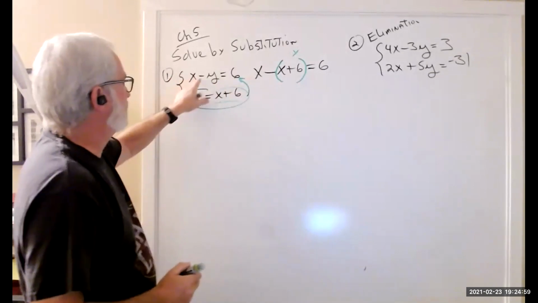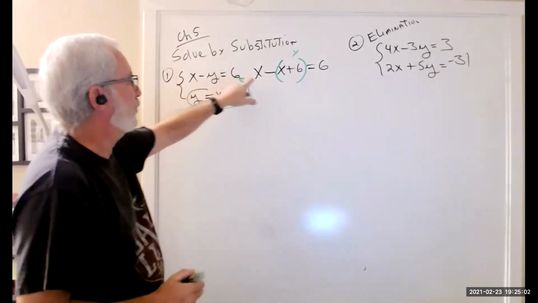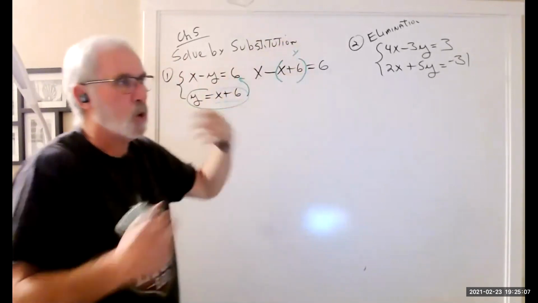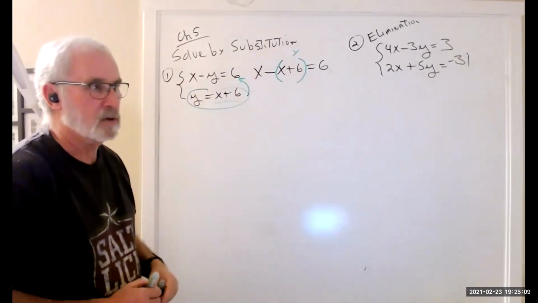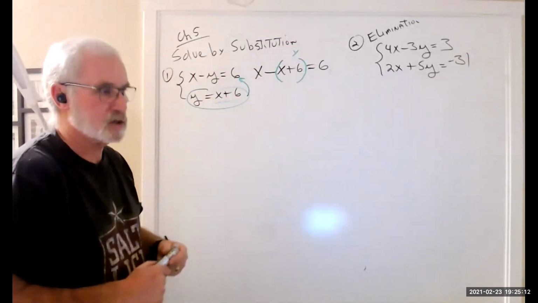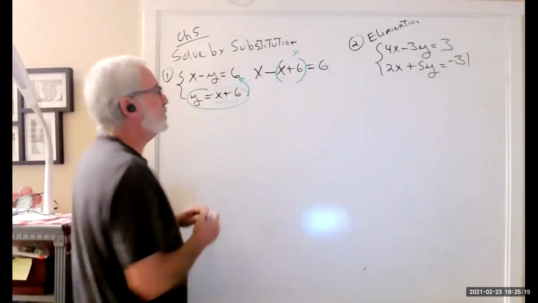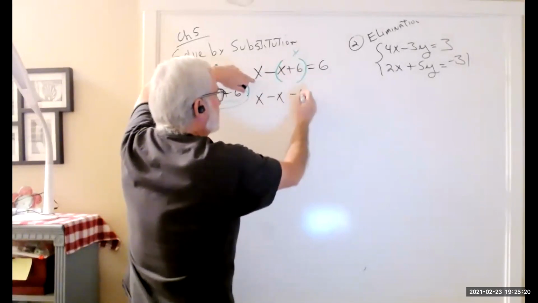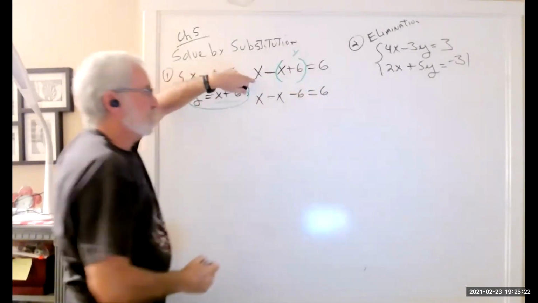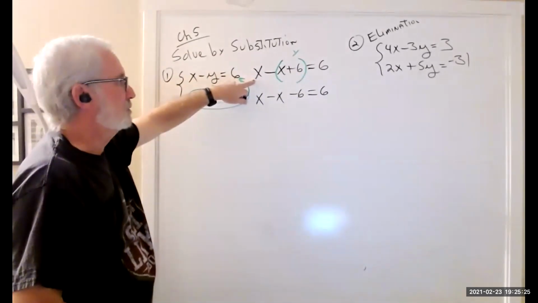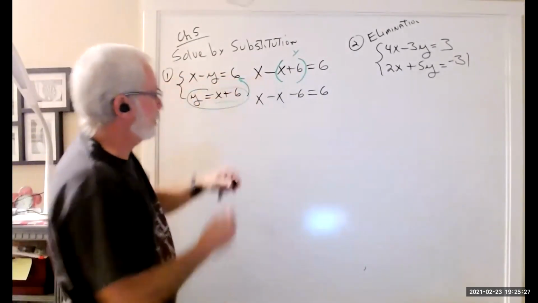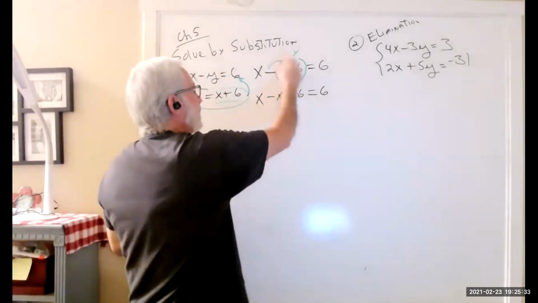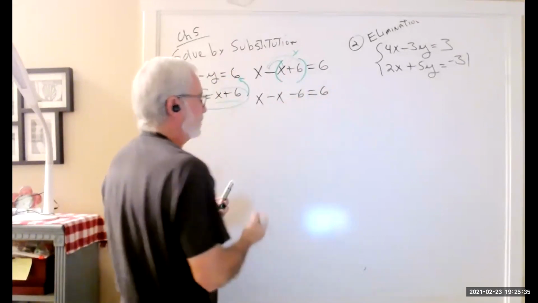So when you say X minus Y right here, you're saying X minus all of that. And that will totally change the intent of this problem if you don't distribute that minus sign. So if we do distribute, we have X minus X minus 6 equals 6.